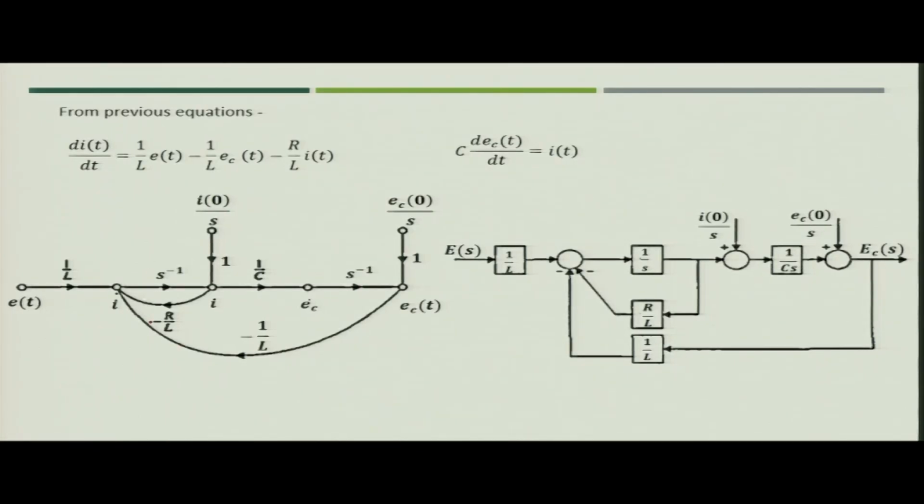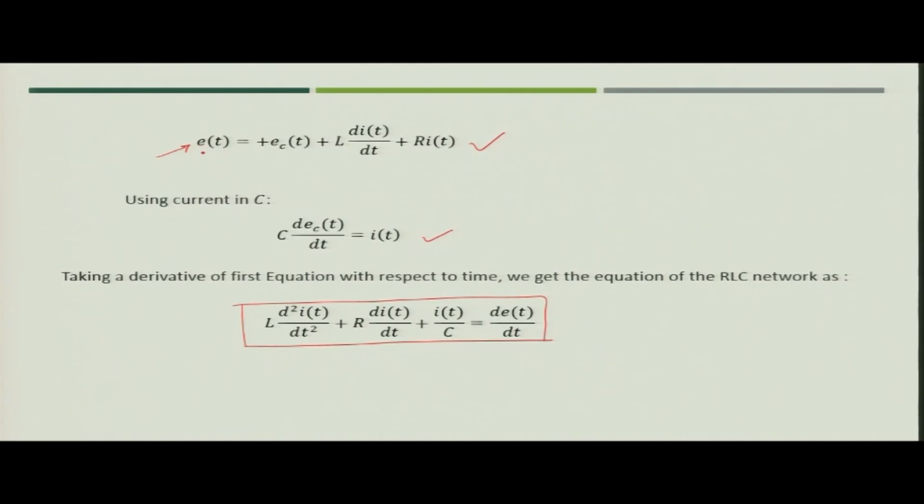So, let us see how we draw the signal flow graph of the series RLC circuit we just saw. We have two equations. First is E = Ec + L di/dt + RI. Let us take di/dt out on the left, then rearrange the equation.